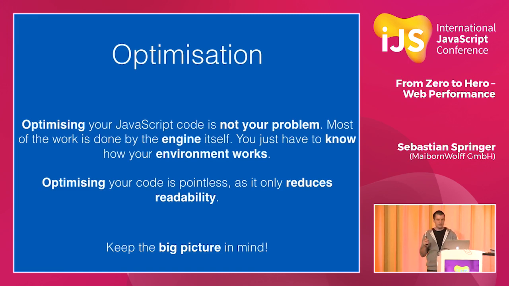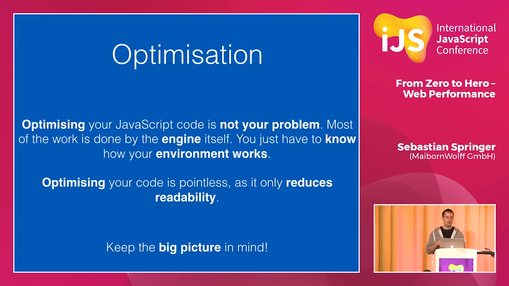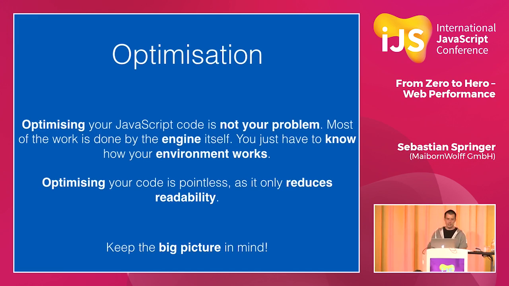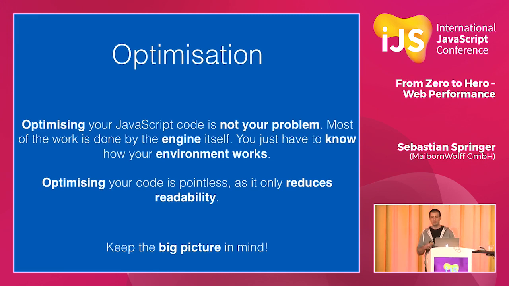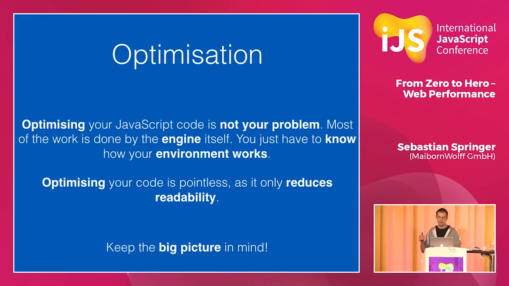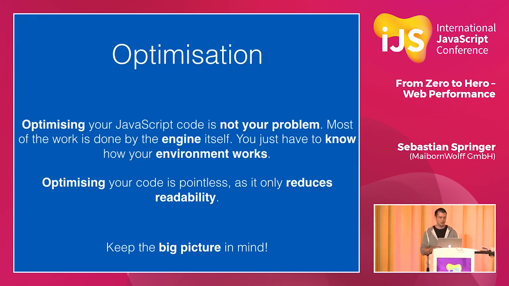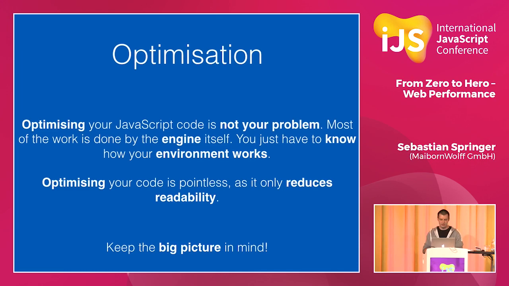The important thing is you have to know your environment, you have to know how your engine, your browser works, and what stuff your browser does to your source code in order to display it. And that's the main thing. So don't go over your code and cache some weird variables because it's just gaining some fractions of a millisecond, because that's relatively pointless.